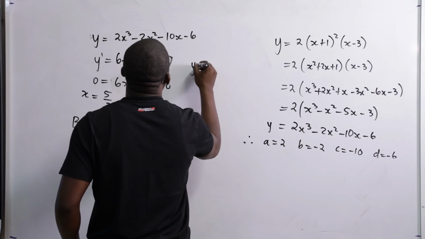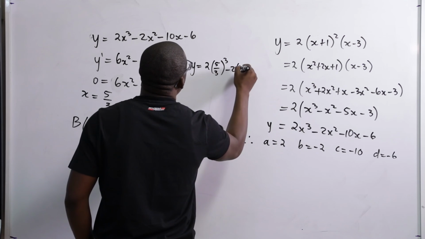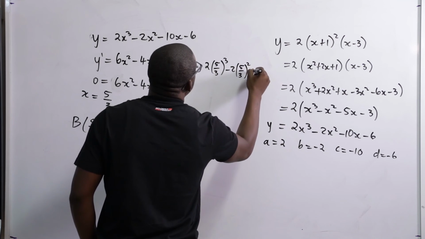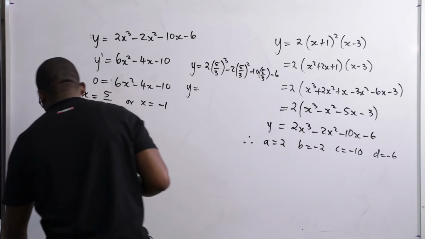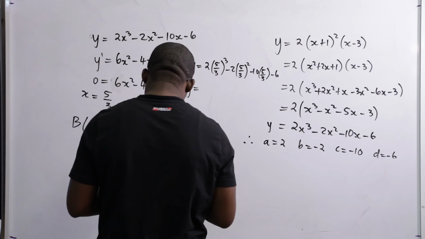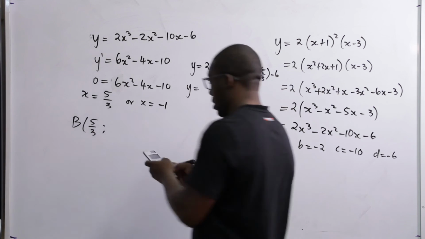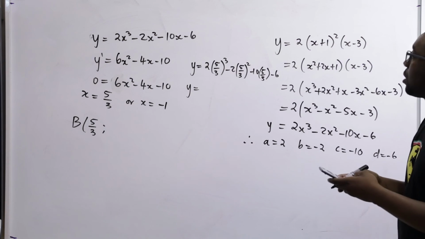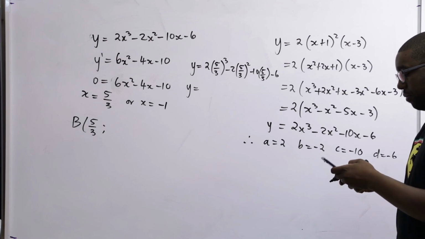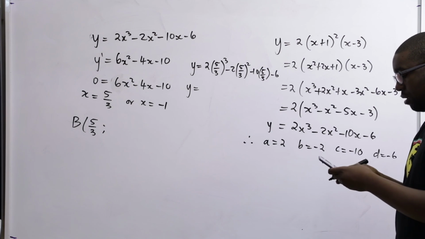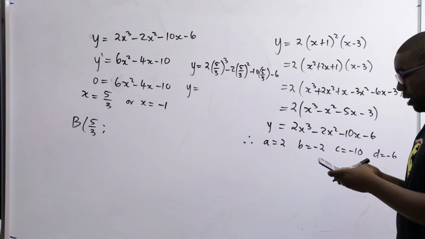So the corresponding y is equal to 2 times (5 over 3) cubed minus 2 times (5 over 3) squared minus 10 times (5 over 3) minus 6.